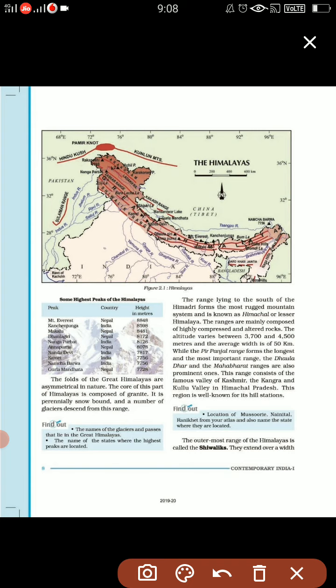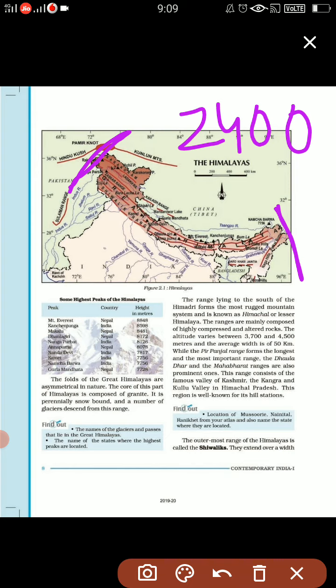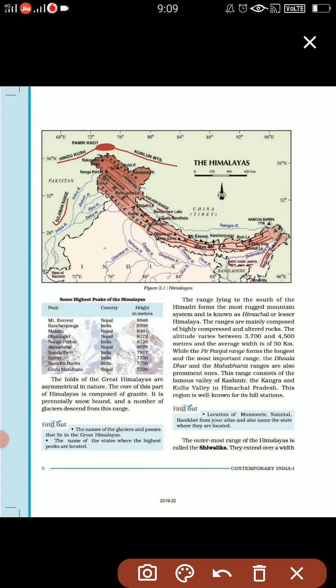Now the distance is about 2400 kilometers. Fine, that's the distance. After that, children, their width varies from 400 kilometers in Kashmir to 150 kilometers in Arunachal Pradesh.